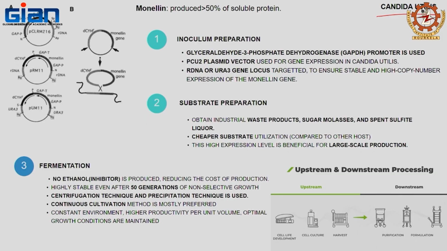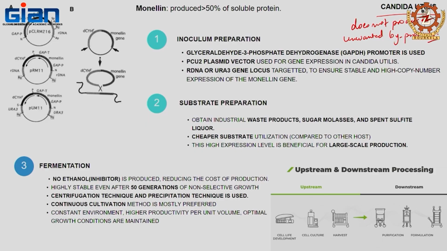It won't produce unwanted things that make downstream processing complex. And ethanol, which might act as an inhibitor in this process, is majorly reduced by the utilization of Candida utilis.